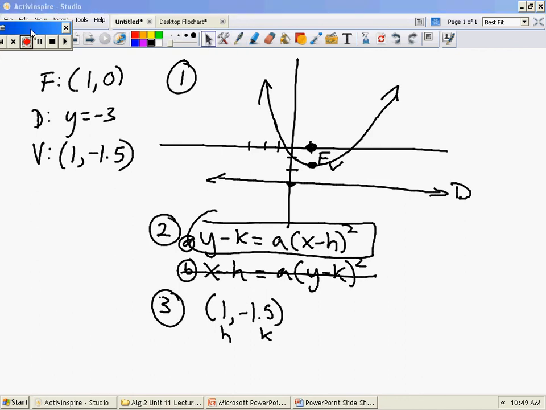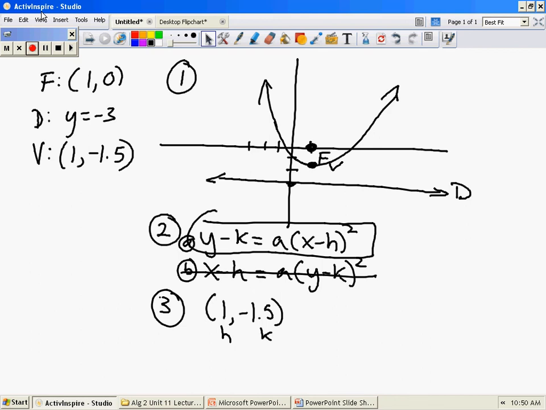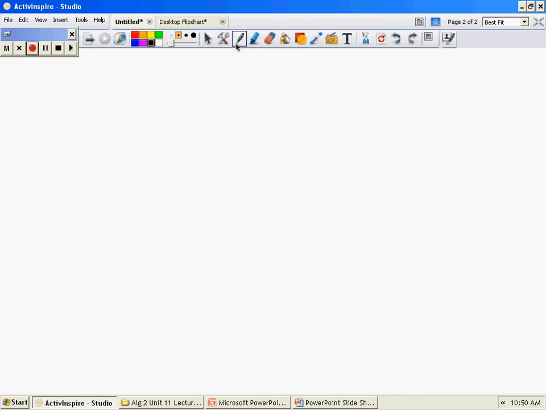Alright guys, step 4 is a pretty new thing to us, so let's go ahead and look at it. Step 4, we have to find out what a is. To find out what a is, we're going to use this formula: 1 over 4 times c. Now c is the distance from your vertex to the focus, and you have to include the direction, which means it's going to be positive or negative when we plug it in.